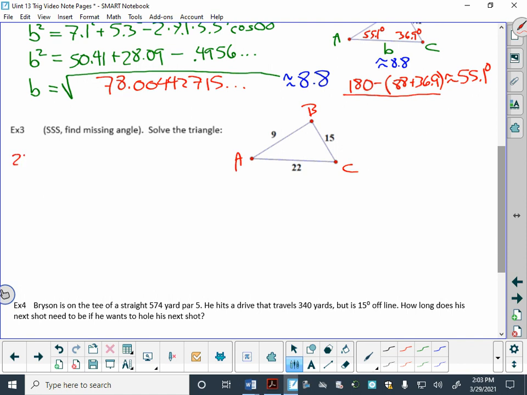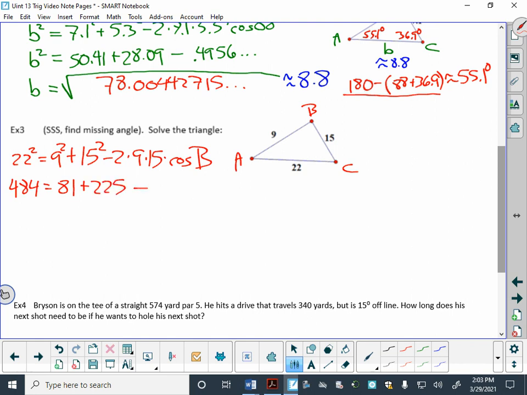So I'm going to go with 22 squared is equal to 9 squared plus 15 squared minus 2 times 9 times 15 times the cosine of angle B. So that's 22 squared, which is 484, is equal to 81 plus 15 squared is 225. 2 times 9 times 15 is 270, but that 270 isn't really a 270 because it's a 270 times the cosine of what angle B is.